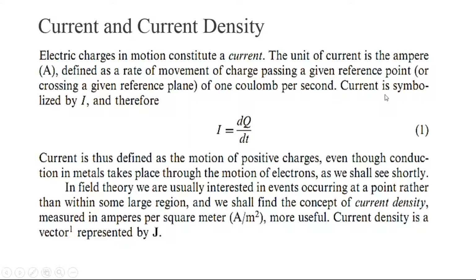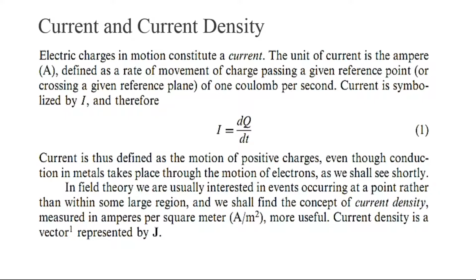Current is symbolized by I, and therefore the rate of change of charges actually constitutes a current. So current is defined as the motion of positive charges. That is actually the conventional current. So we have the conventional current and we have the electronic current.